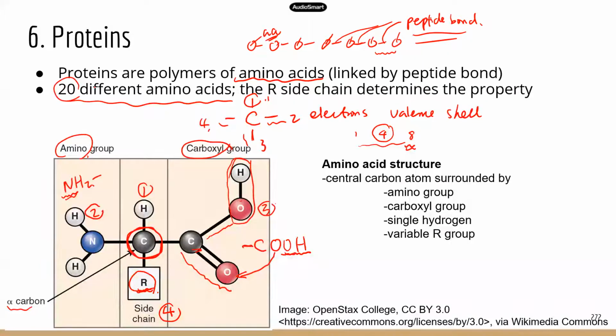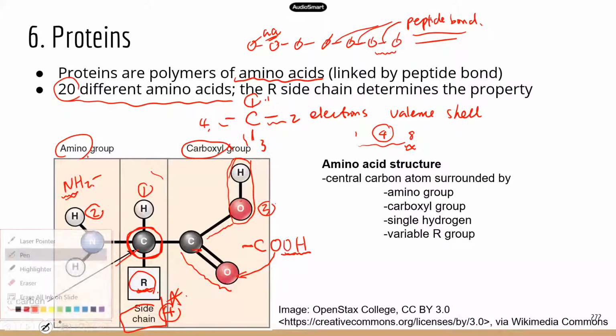The 20 amino acids only differ in the side chain. That's the only difference between those 20 different amino acids. Everything else is the same. Everybody has a central carbon, and that central carbon has a covalent bond with 3 components. Let me use a different color.